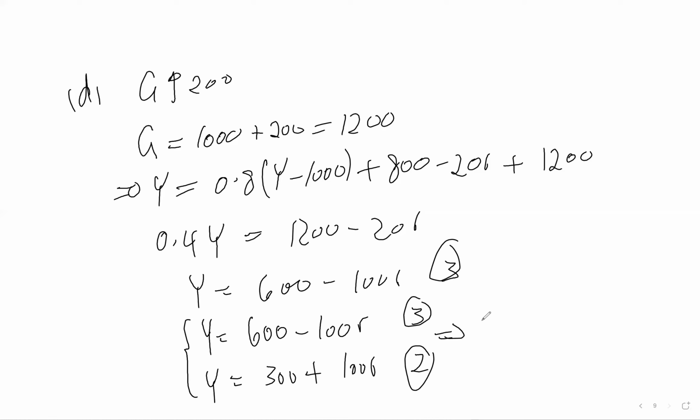So here again, we do the same thing we did in the first example, add 3 to 2. By adding, we have Y and Y, that is 2Y. Adding the constants, and these two terms, because plus and minus, will cancel each other out. Y is equal to the sum divided by 2, so that will be 4,500.